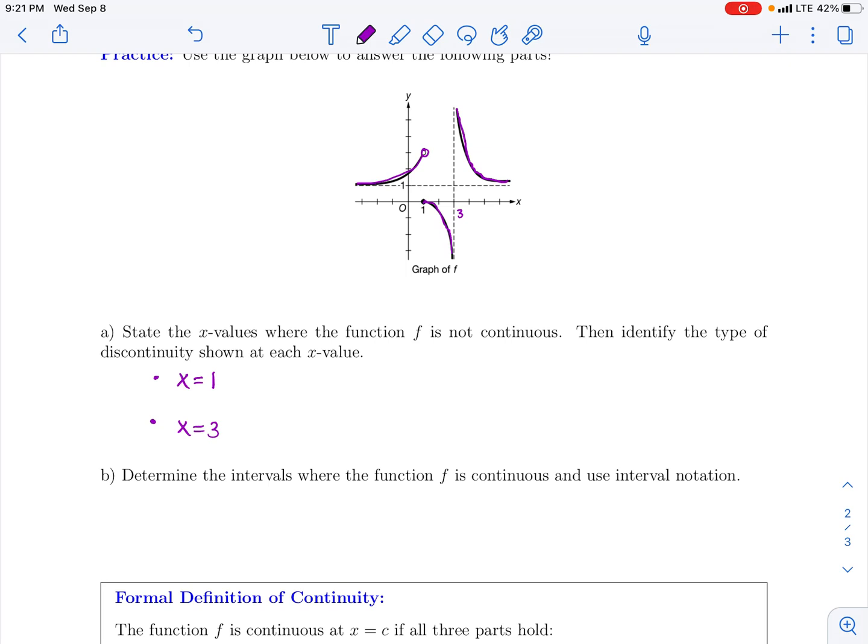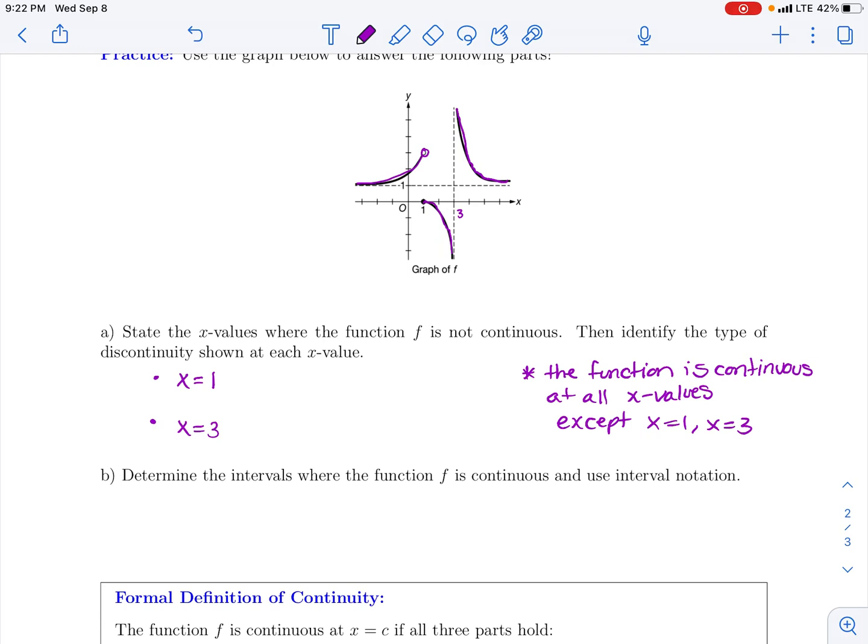All right, and I just want to note to you that the function is continuous at all other x values except x equals 1 and x equals 3.